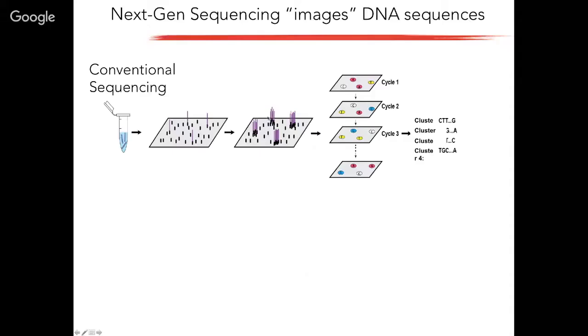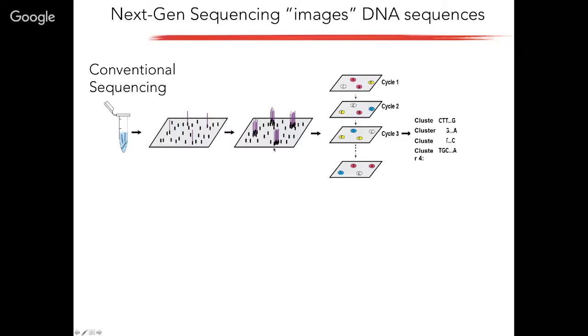This one on the top is an A, so it might be pink. Same with this one, and this one here on the right is a T. Then you take a picture of this, originally using a spinning disk confocal. They've actually changed that technology, but originally it was essentially a confocal microscope. Then cleave those fluorophores off and add the next nucleotide.